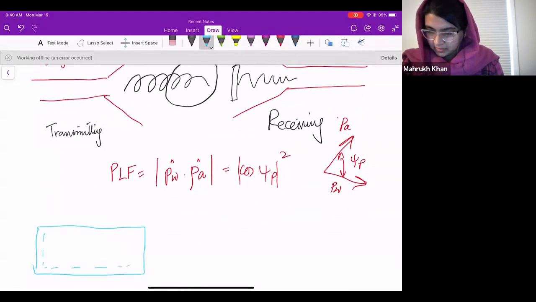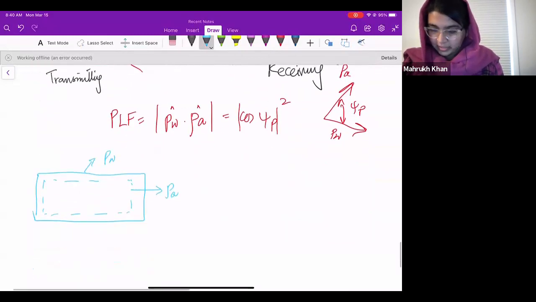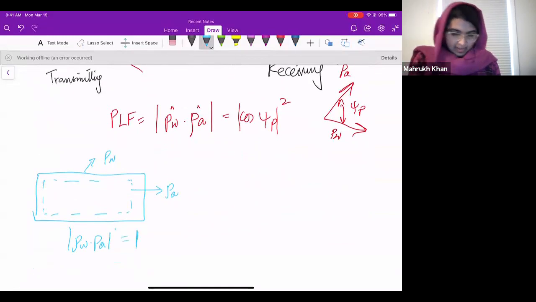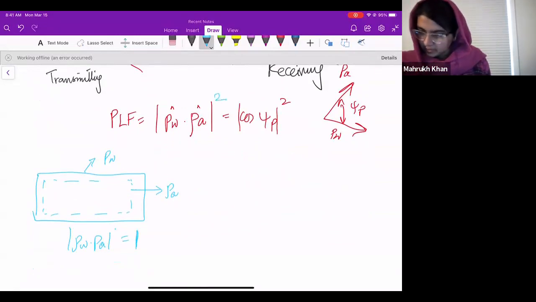So this is the polarization loss factor, or another way of describing it. If this is your rho W and this is your rho A, and both are in phase, then it's one. Sorry, here there is a square.